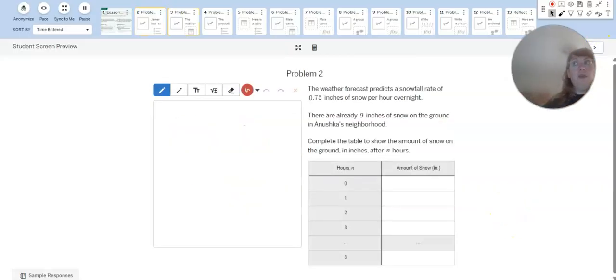Problem 2. The weather forecast predicts a snowfall rate of 0.75 inches of snow per hour overnight. There are already 9 inches of snow on the ground in Anushka's neighborhood. Complete the table to show the amount of snow on the ground in inches after n hours. So at 0 hours, before the snow starts, we already have 9 inches of snow.